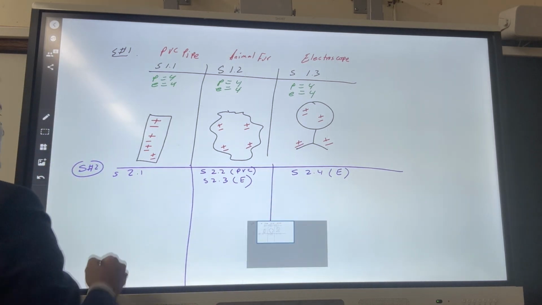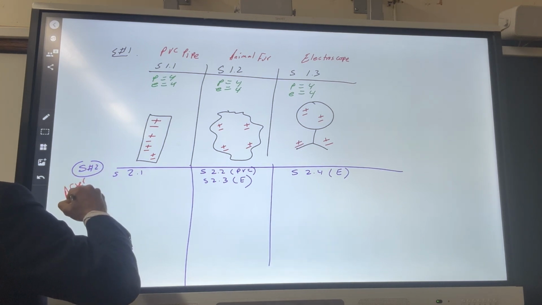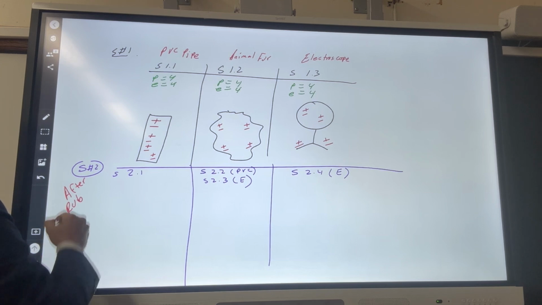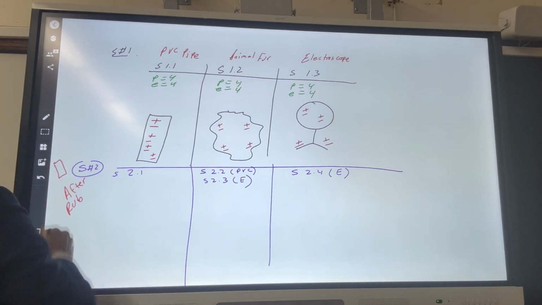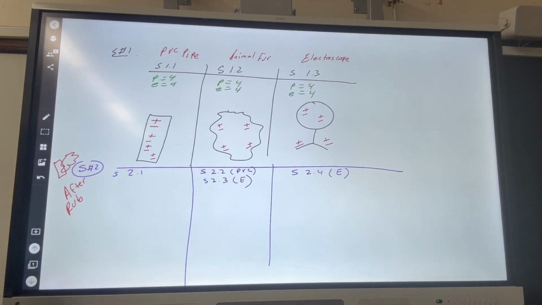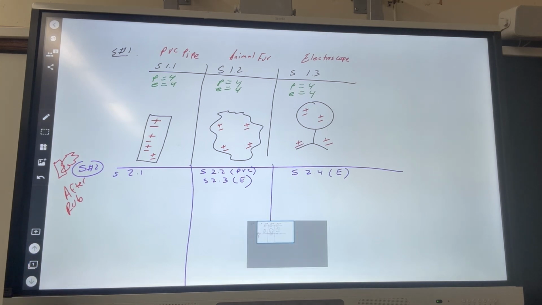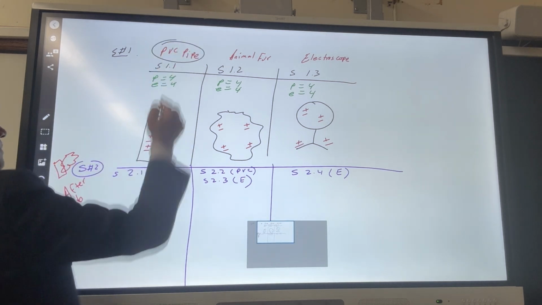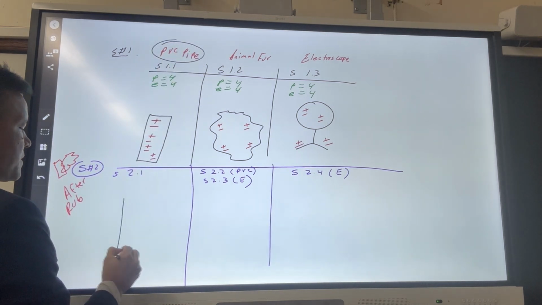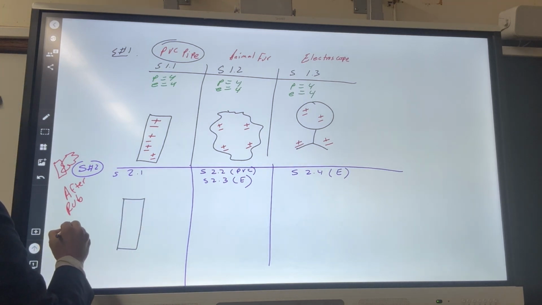This is after rubbing. After rubbing what? The PVC pipe with the animal fur. What happened to the, of course, PVC pipe? I'm going to draw the PVC pipe. PVC pipe gonna gain electrons.